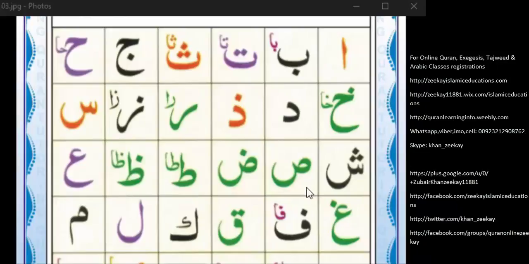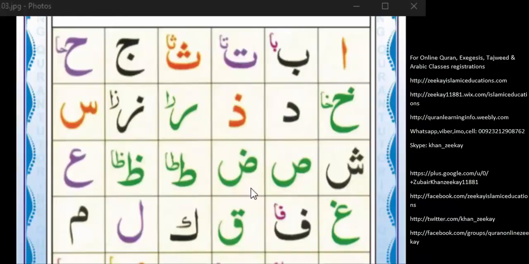The next letter is Sad. Letter Sad is one of the bold letters, and the origin of letter Sad is the same as letter Za and Sin. It will also be pronounced by touching the tongue's tip to the central lower teeth, and a little part will also touch the upper central teeth.